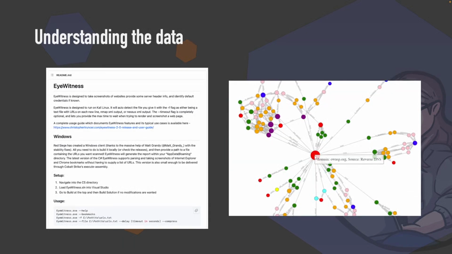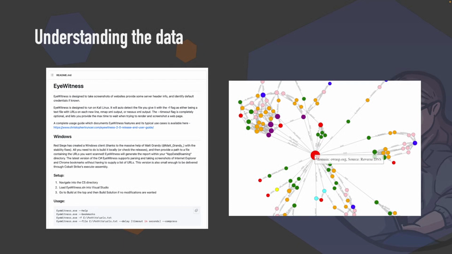Now, to start to understand this data, there's a few different ways of doing things. A lot of people like just taking screenshots of subdomains and seeing what's there and doing a quick pass through to see what is worth looking at in more depth. Amass has some visualization tools as well. You may want to consider something like Maltego if you are a very visual person.